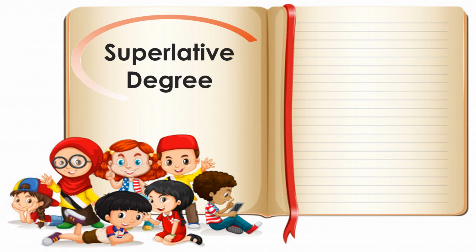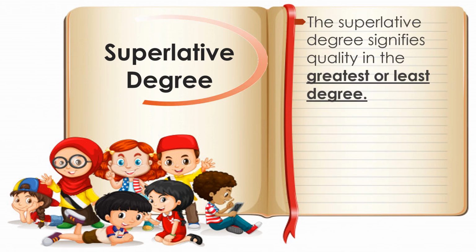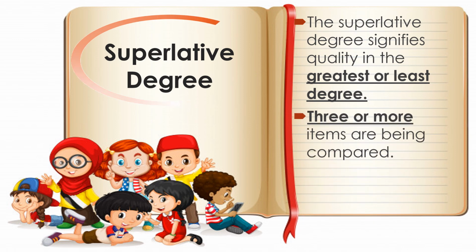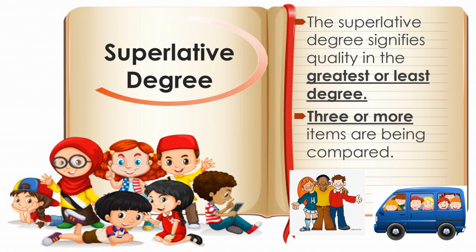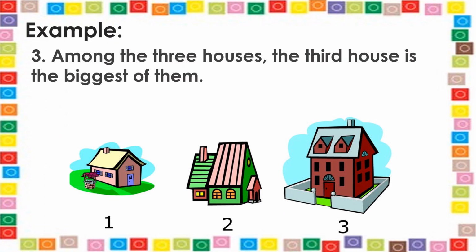The last degree of comparison is called superlative degree. The superlative degree signifies quality in the greatest or least degree. Three or more items are being compared. Let us look at the example.